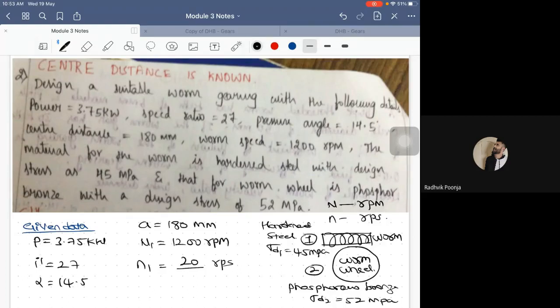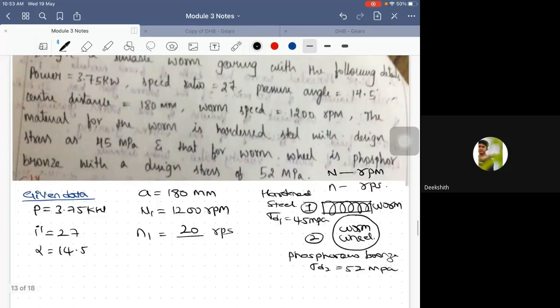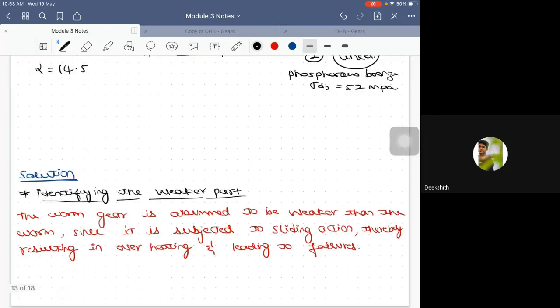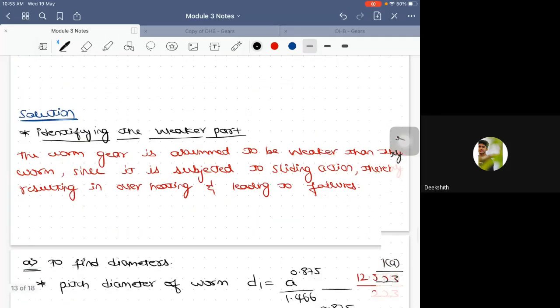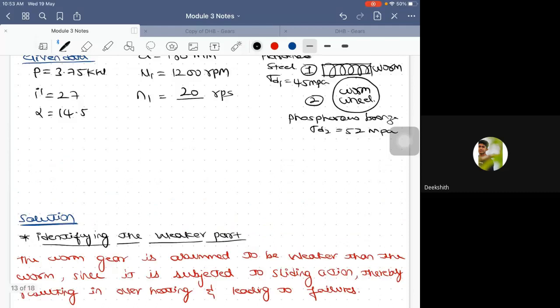I just told you just now that out of worm and worm wheel, which will be subjected to more stress? Which will be subjected to more rubbing action? Yes? Wheel, isn't it? Identifying the weaker part is our first step, isn't it?